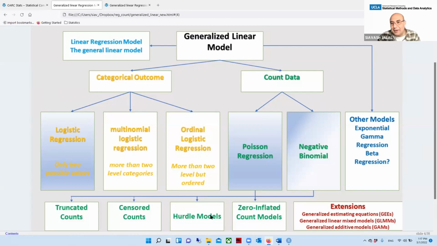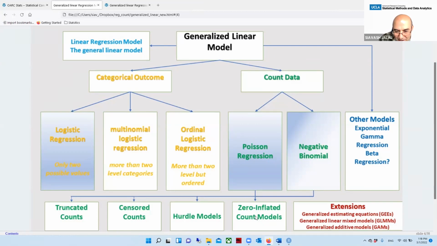So for example, somebody goes shopping or they don't go shopping, and how many items they buy, right? If they don't, 0 means they don't go shopping. And if they go shopping, assuming they buy something, the number is 1, 2, 3, 4, 5, and more, right? It's a count, but the count part doesn't have 0.